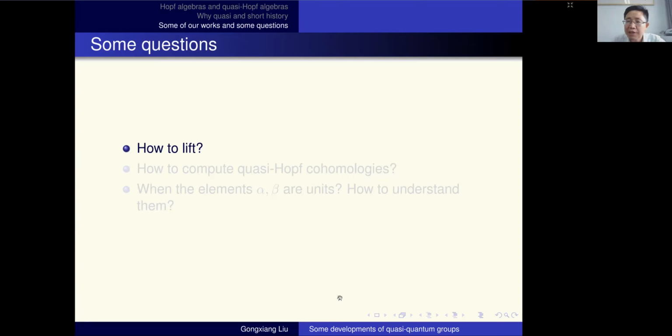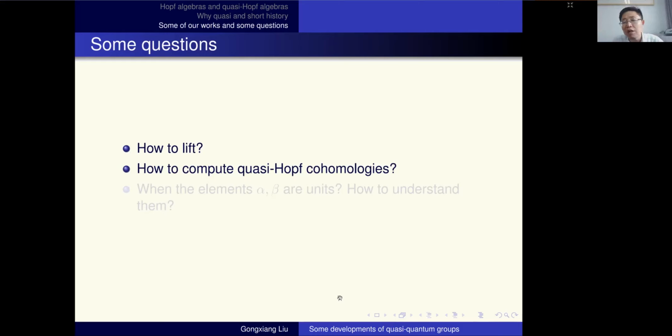This question should relate to the following question: how to compute the cohomologies of quasi-Hopf algebra? Actually, not only for quasi-Hopf algebra, even ordinary cohomology is not easy. Even for a group, or for some nice variety or nice manifold, you still don't know how to.